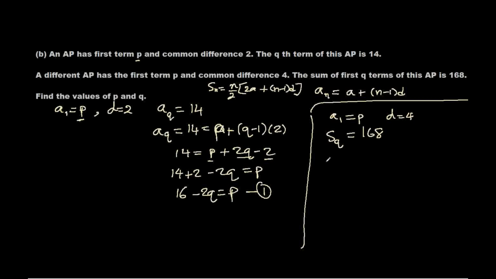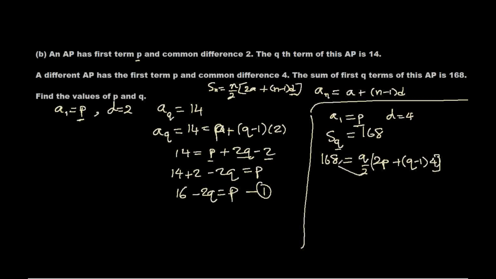So I'll substitute it here. 168 is Sn, which will be n over 2. In this case, n is q. So q over 2, 2 times the first term. First term is p, 2p. And then we have plus (n minus 1), which is q minus 1 in this case. And then we have d. d is 4.